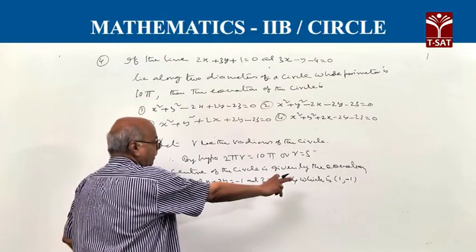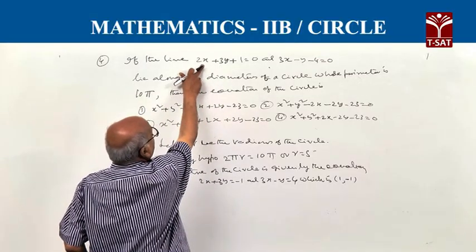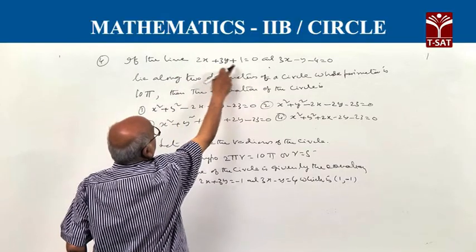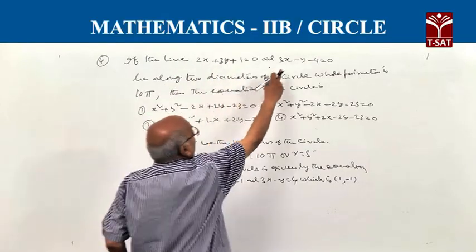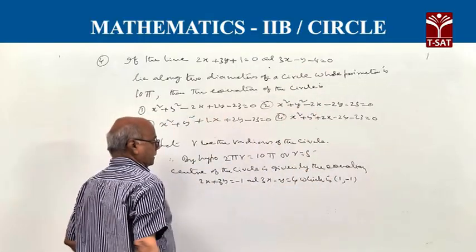You can see whether (1, minus 1) lies on these lines or not: 2 plus 1 minus 3 is 0, and 3 plus 1 minus 4 is 0.